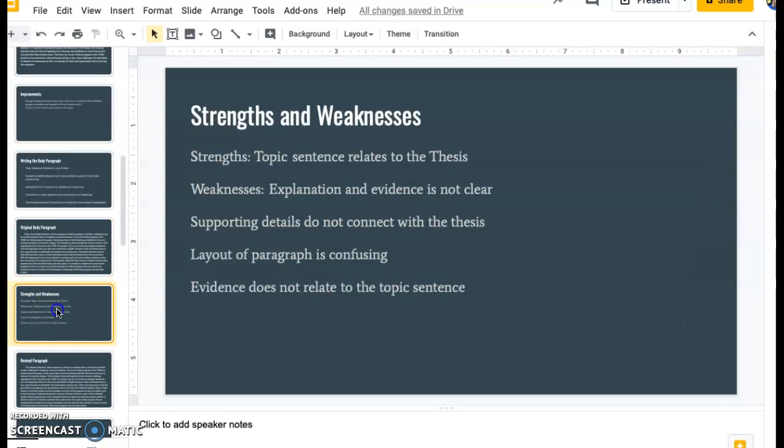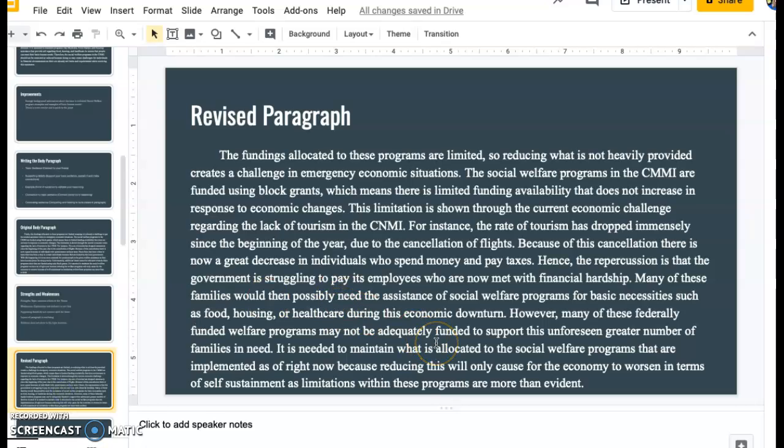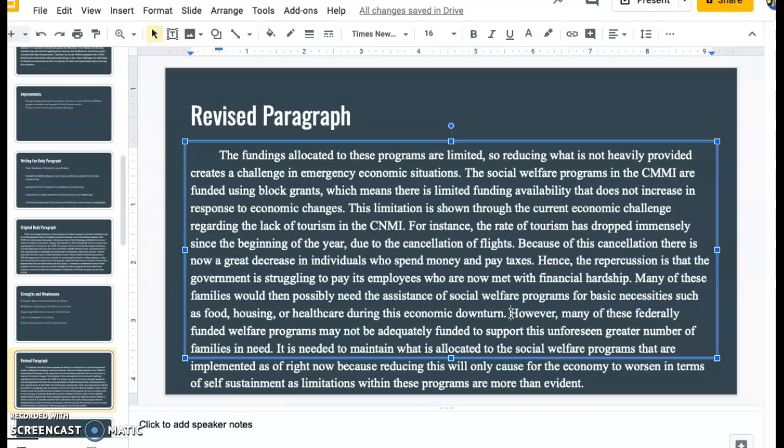But there are things that you can do to improve this paragraph. You can be a lot more clear within your direction by making a little bit of emphasis on your stance, stating that because these are already limited regarding the funding, that this funding needs to be maintained, because when in emergency situations, it is more prone for people to be in need of more things.